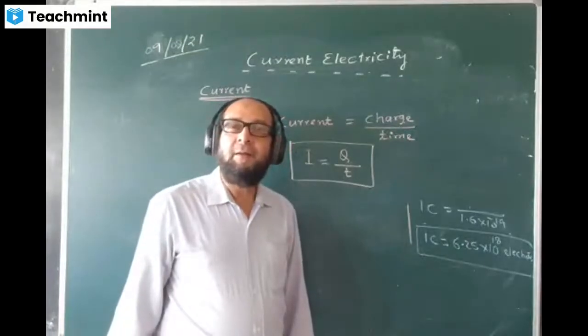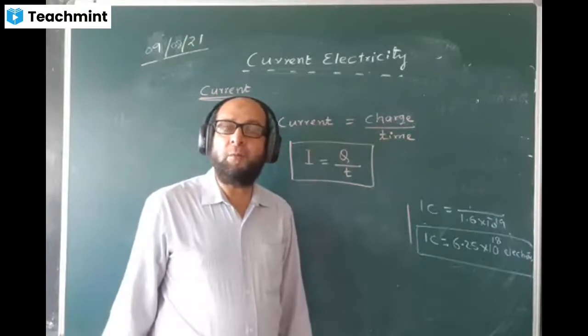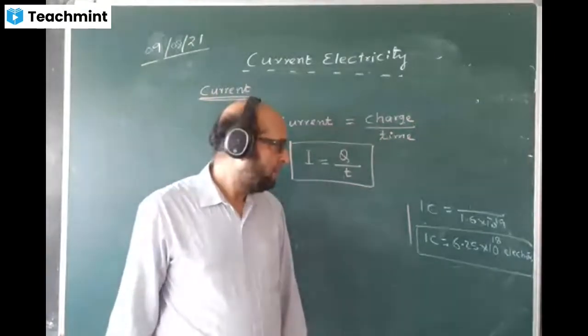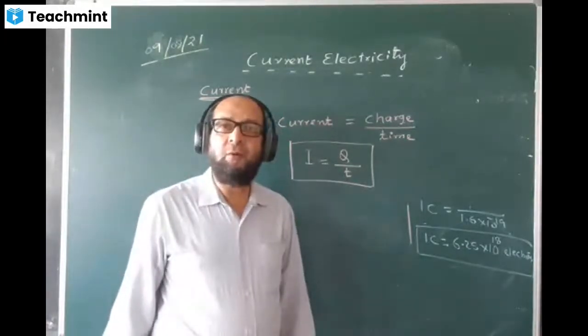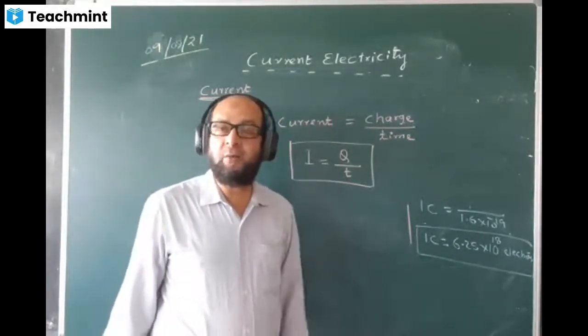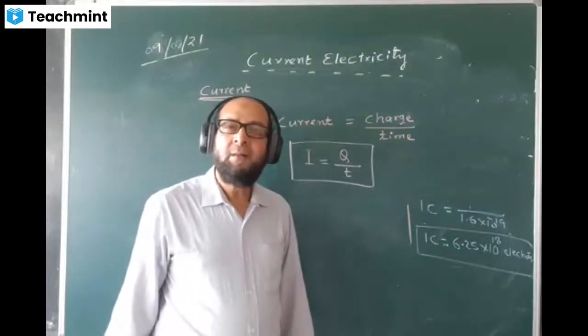One coulomb means how many volts? Coulomb is different, volt is different. Why talk about volt? One coulomb contains this many electrons.